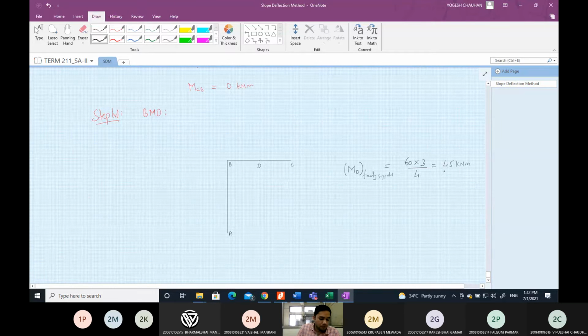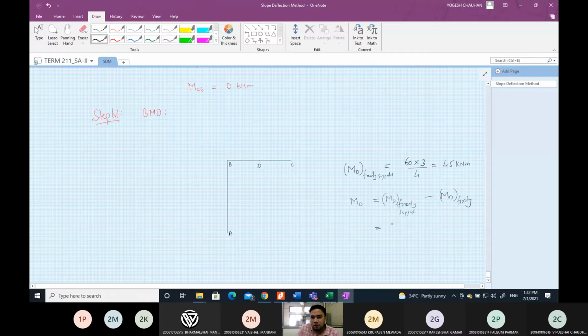This is the freely supported bending moment. So the net positive bending moment at D will be MD due to freely supported bending moment minus MD due to fixity.